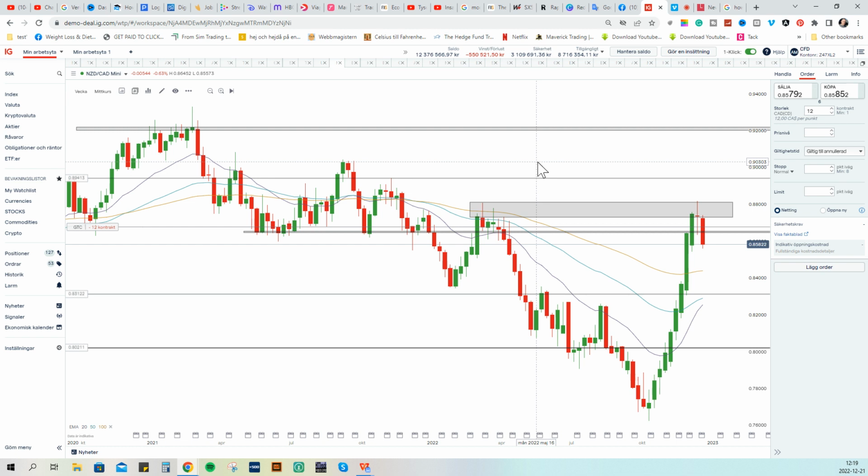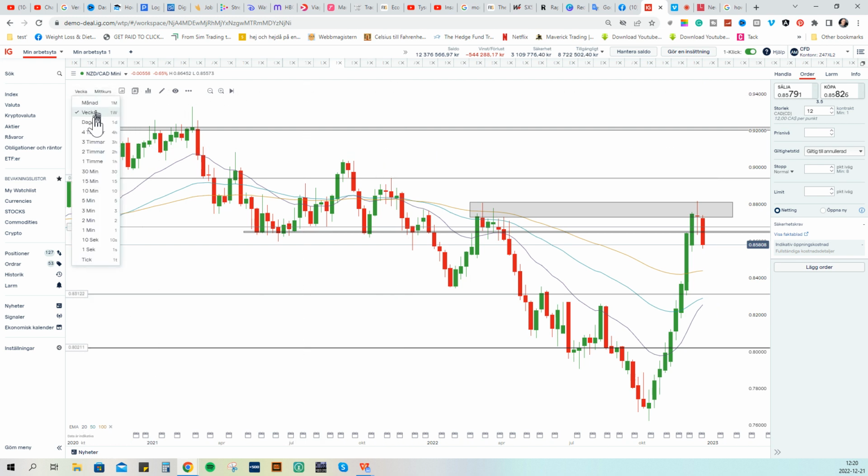And if the prices of natural gas and crude oil go up, that will benefit the Canadian currency. So if we see crude oil heading up in price, we could see a rapid drop for this pair, Kiwi versus Canadian dollar.